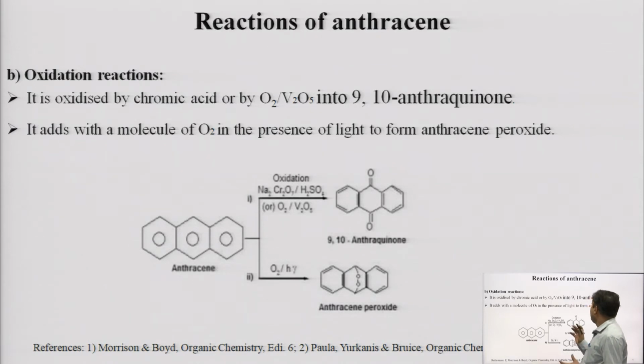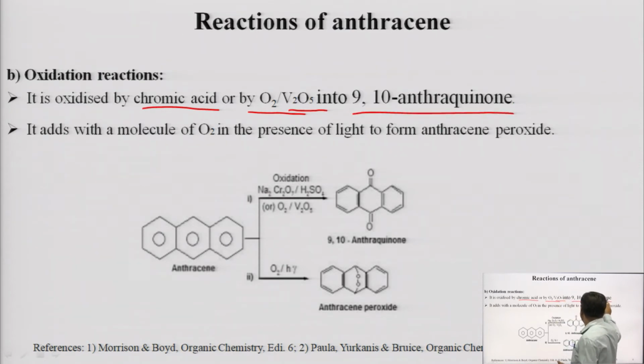So, anthracene can be easily oxidized to different products in the presence of different reaction conditions. When we are using chromic acid or oxygen and V2O5, it is oxidized into 9,10 anthraquinone.